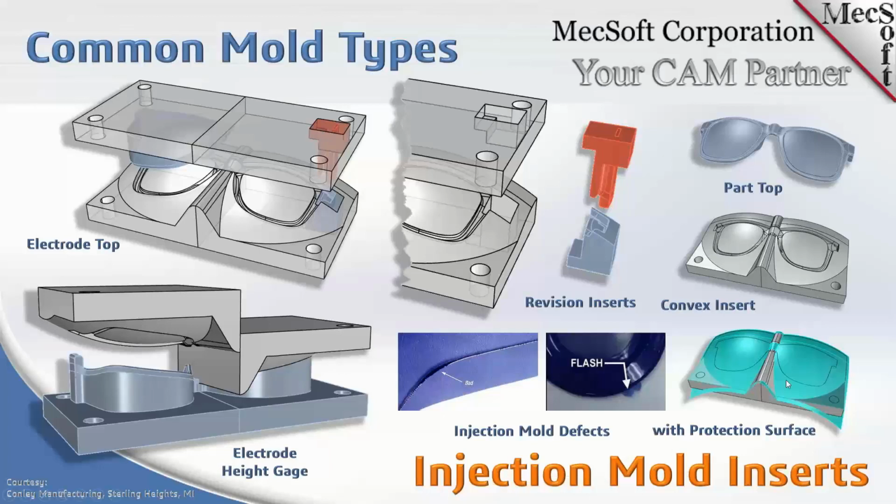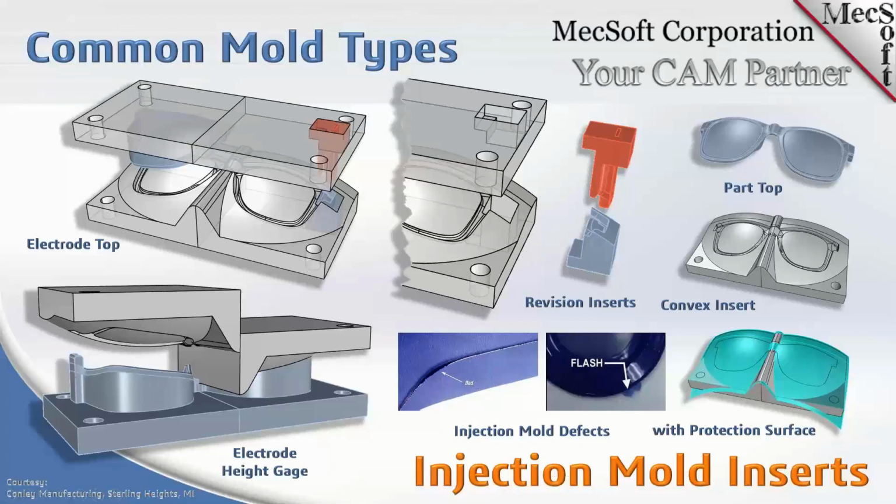If you move over from there in the middle, you see two examples of injection molding defects. On the right, you see flash, which can occur if your parting line has been sufficiently degraded. So you need to take care of that parting line, and we're going to show you how to do that. On the left shows a mismatch in the parting line.